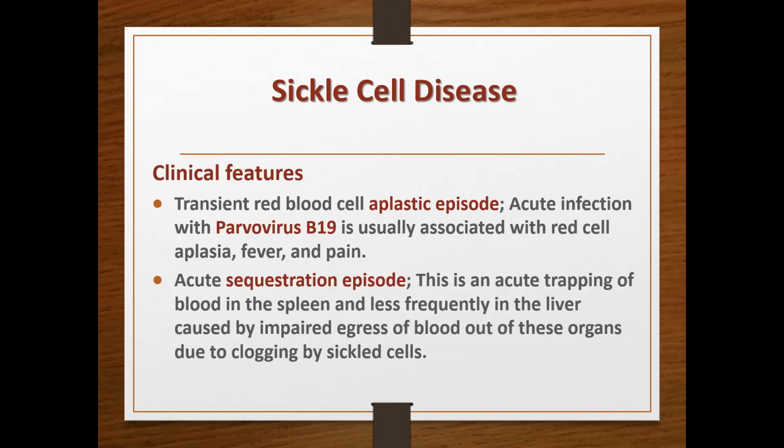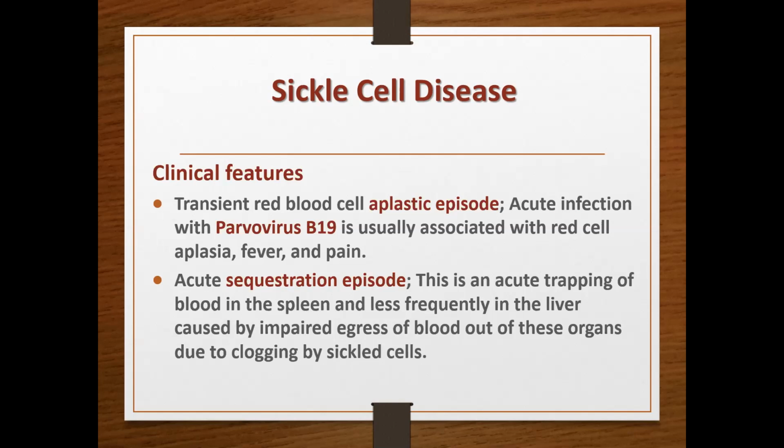This episode usually occurs in younger children when the spleen is still present, causing acute trapping of blood in the spleen and less frequently in the liver, due to impaired egress of blood out of this organ and clogging by sickle cells.